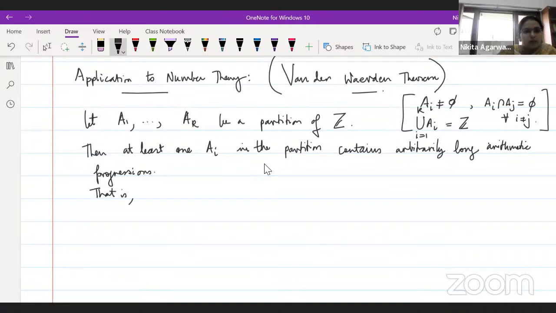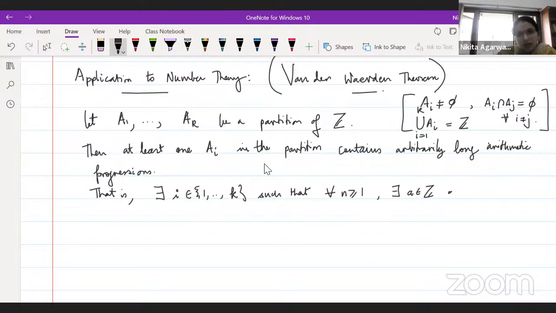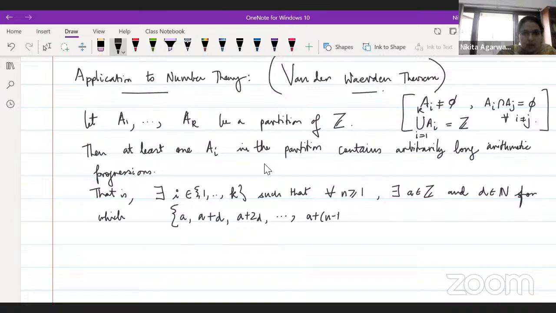That is, there exists i belonging to 1 through k such that for all n greater than or equal to 1, there exists a in Z and d in N, for which this set a, a plus d, a plus 2d, up to a plus (n minus 1)d is contained in Ai.